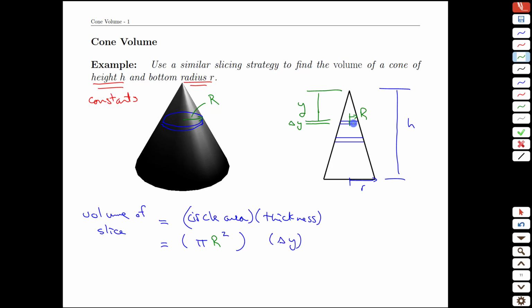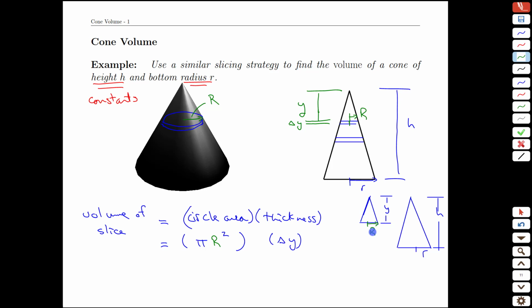But fortunately, hiding in this picture, we have a way to convert. We have a triangle that is r down here at this side and h at this side. But we also have a smaller version of that same triangle, which is y high and which has capital R as that component of it.